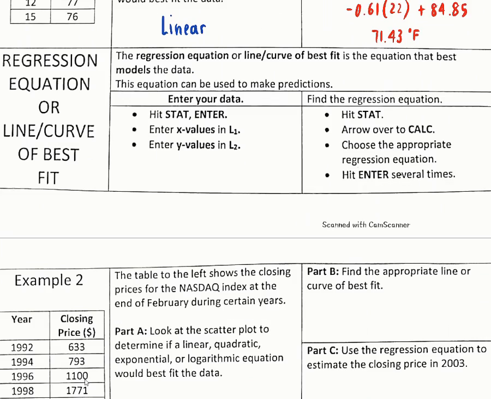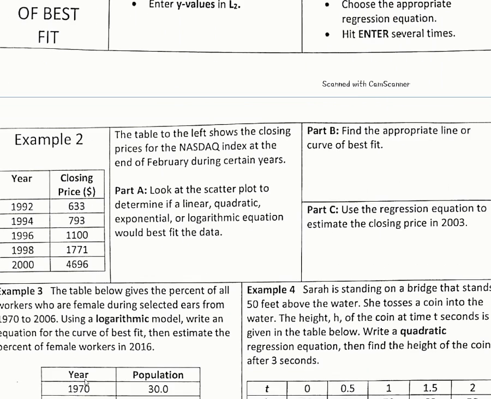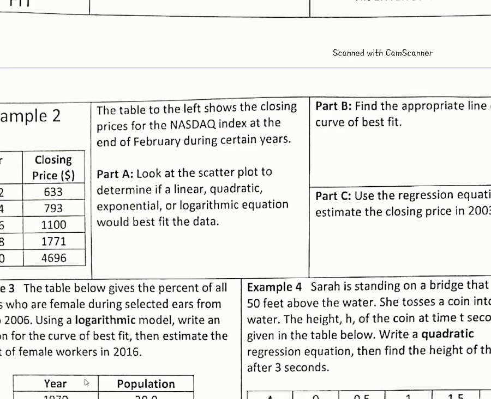The next two have a little trick to them, and that is when we're dealing with dates like this, years of like 1992, 1994, because in a graph, it takes so long to get over to 1992.